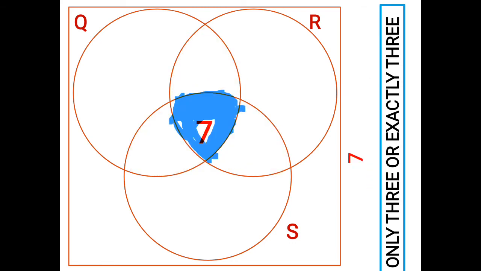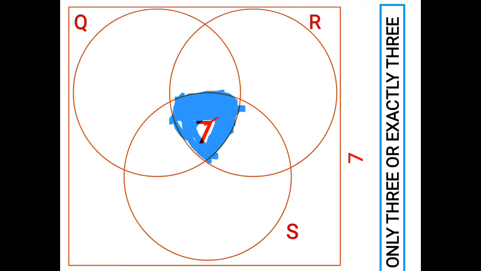All right. Then we have region 7, which we said represents all the 3. So if the question says exactly 3, or only 3, we are looking for all those who study 3 subjects, right? But we can see from the Venn diagram that it is only one region that is found in all the 3 circles.